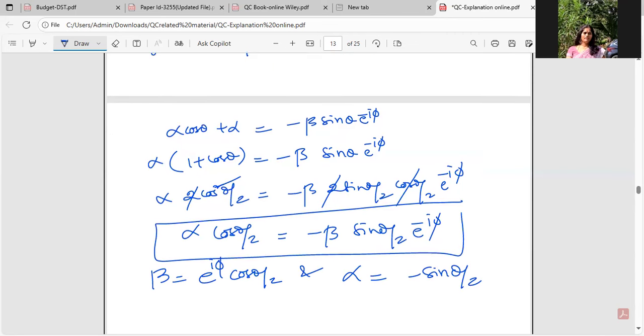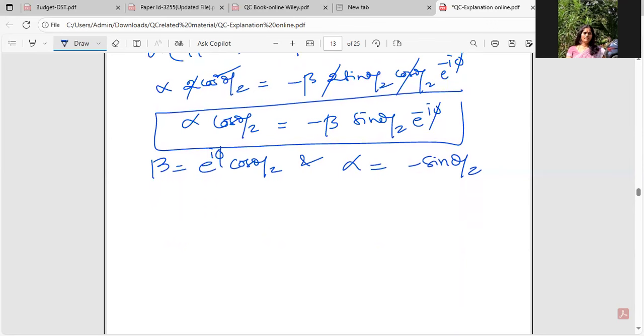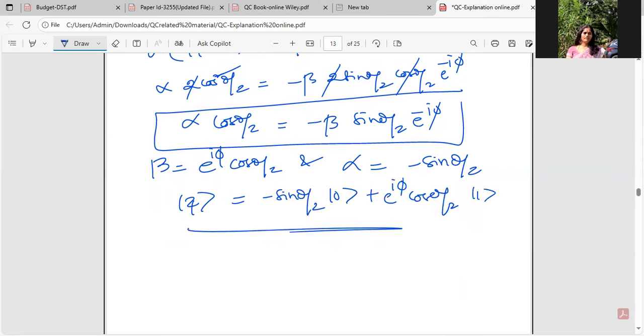That's how I'll get the values of alpha and beta when lambda is equal to minus 1: minus sine theta by 2 ket 0 plus e power i phi cos theta by 2 ket 1. This is how I will find out. Of course, alpha by beta, if I write also from here, I know clearly what's my numerator and what's my denominator from which I derive. Therefore, to represent anything on the Bloch sphere, I'll be needing this notation.